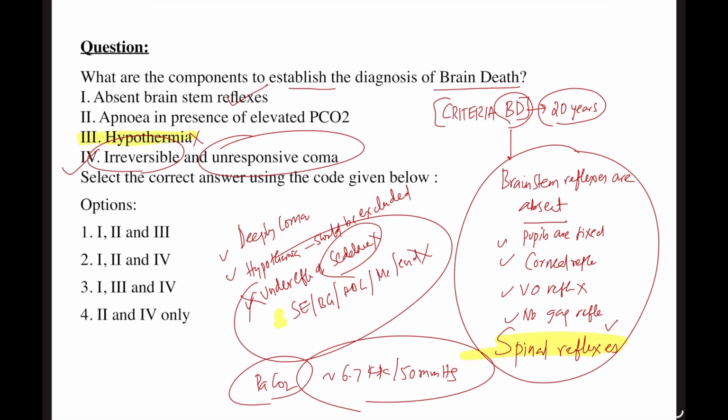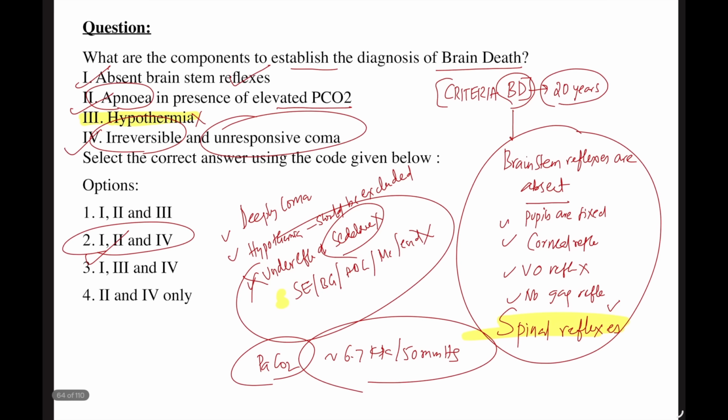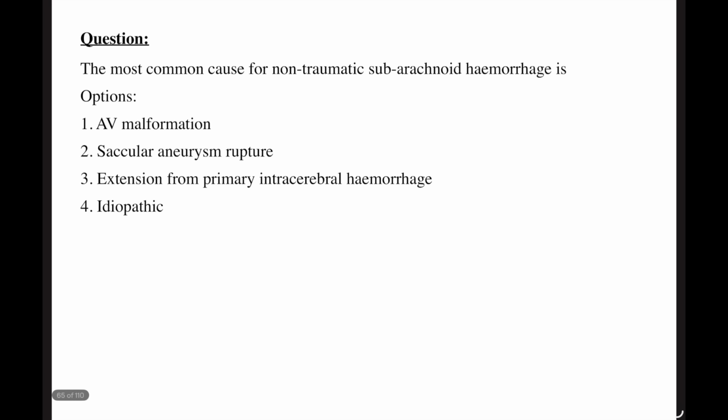But the concept here is you are removing the ventilator pipe. So then there is elevation of CO2 in the body. In spite of elevated PCO2, the body should be in apneic state. The body shouldn't respond. So the correct answer here is 1, 2 and 4. Option 2. So quickly we have covered the criteria for brainstem death with the help of this question.